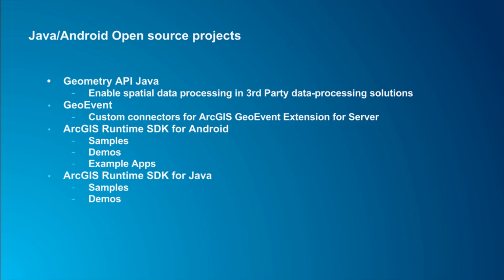And then within the runtime, obviously our SDKs are delivered through the mechanisms we just discussed, but we're providing a lot of code through open source. Obviously samples in Java and Android are out there, and demos like the ones you just saw and that you're seeing throughout the conference are typically put out in a GitHub repo.